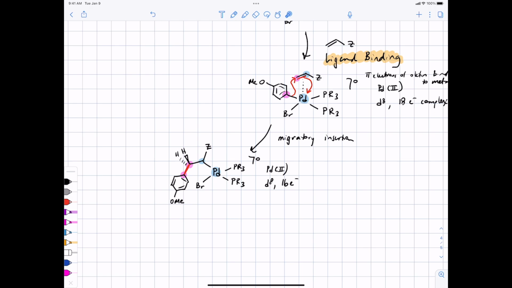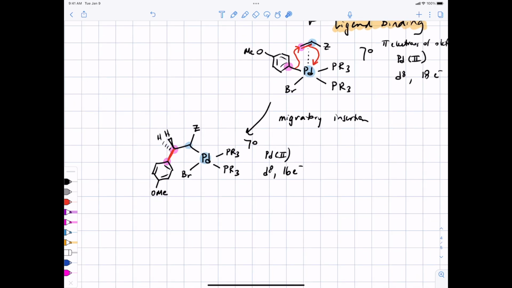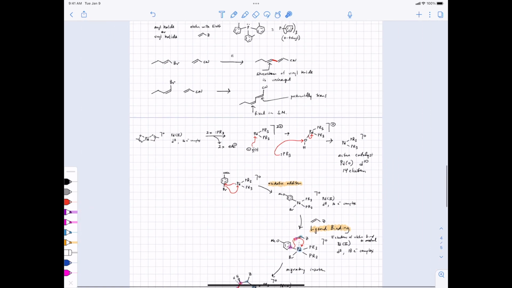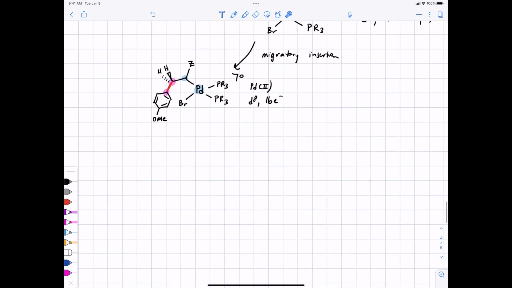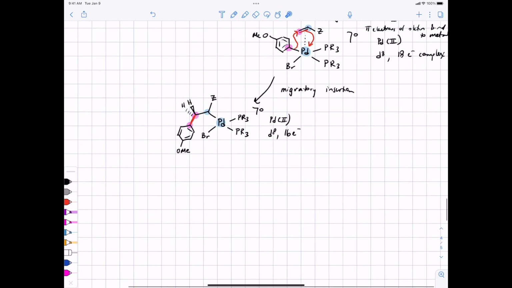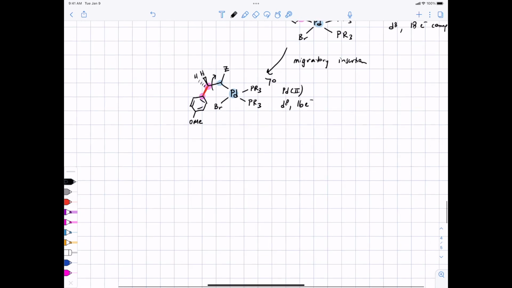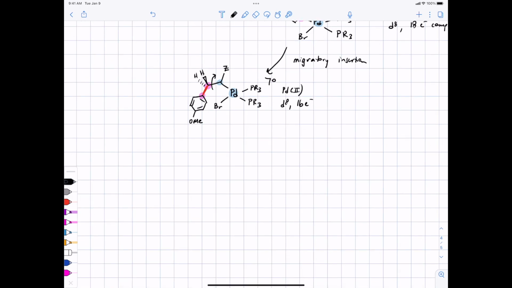I told you that we would preferentially get trans stereochemistry about this double bond that was originally involved in the olefin. Before the next step can happen, we actually have to rotate around this carbon-carbon bond such that a hydrogen is pointing towards the metal and not this aryl group.